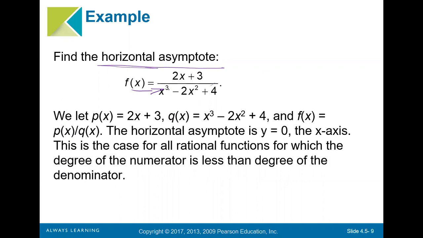Okay, the numerator power here is 1, and the denominator power here is 3. So the numerator power is less than the denominator power, so the horizontal asymptote is 0. And we'll solve the vertical one in just a minute, but we could do some factoring to find where the restrictions are. Just remember the power here is cubed, so it's a little bit more work.